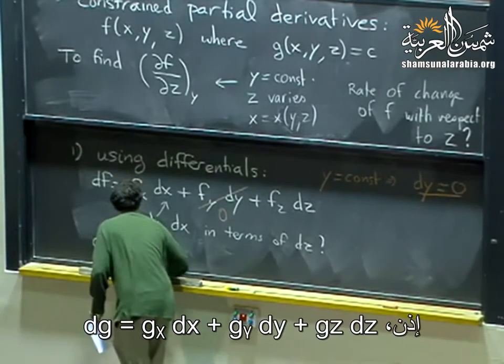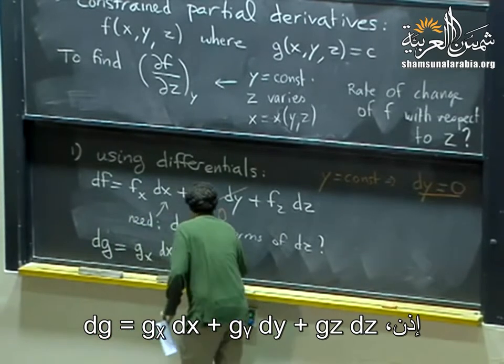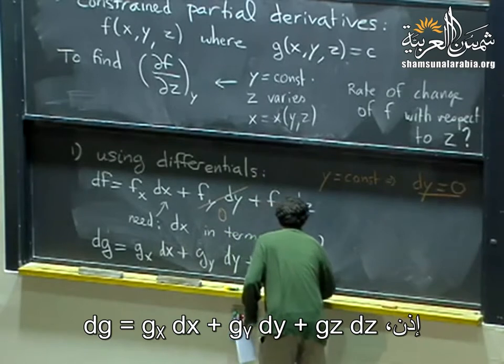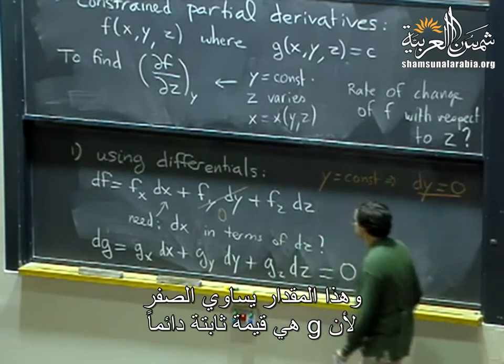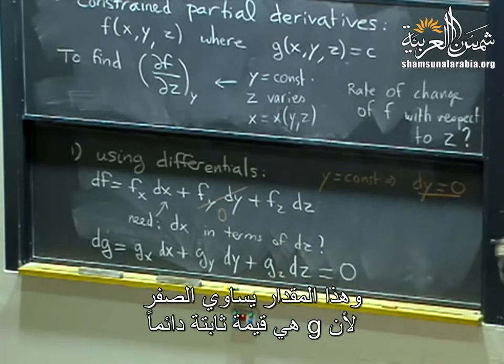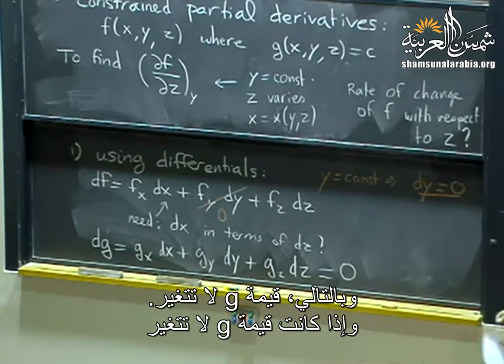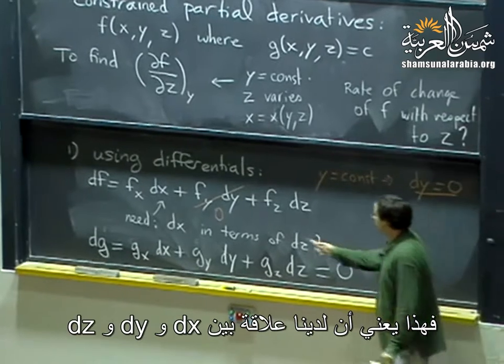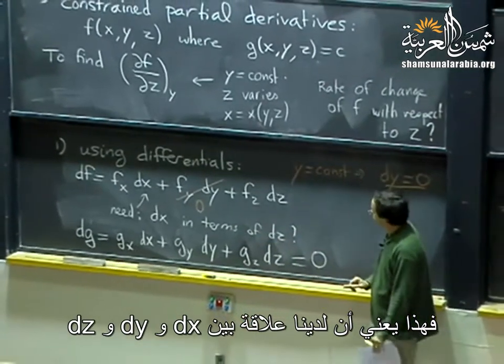Okay, so dg is g sub x dx plus g sub y dy plus g sub z dz, and that's 0 because we're setting g to always stay constant. So g doesn't change. If g doesn't change, then we have a relation between dx, dy, and dz.